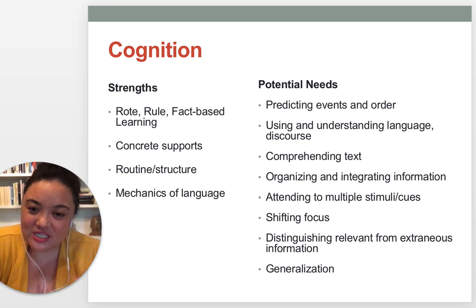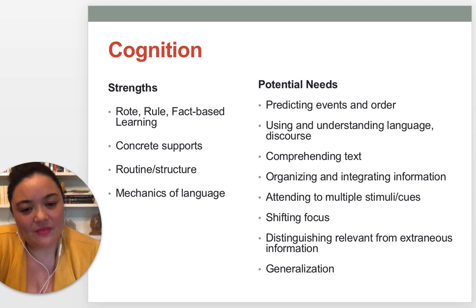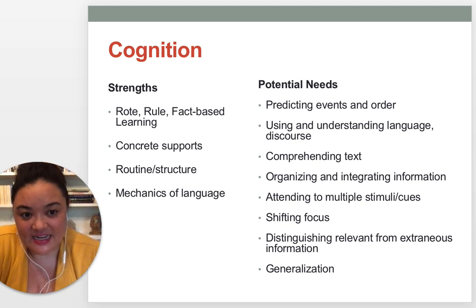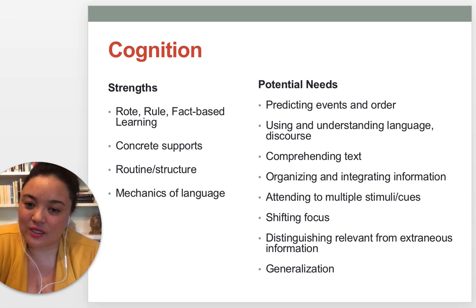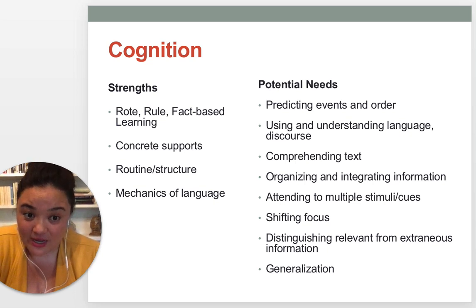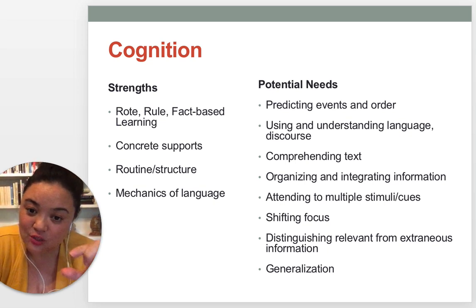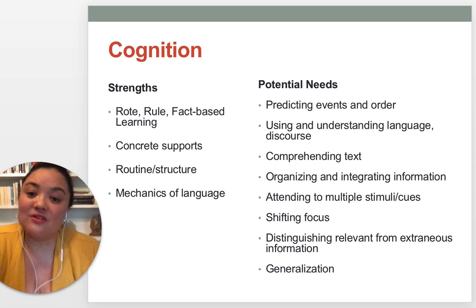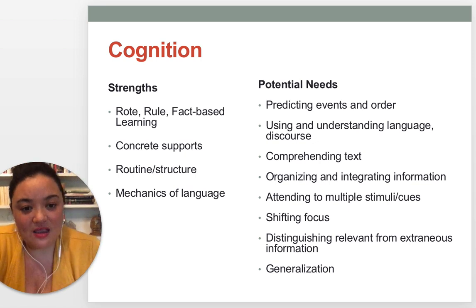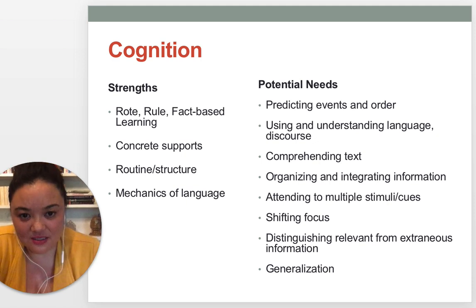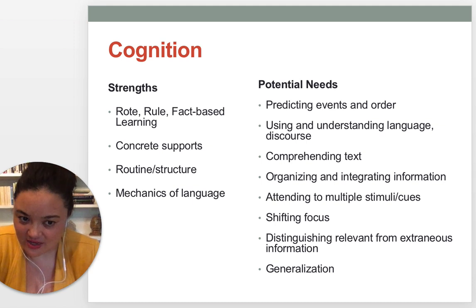So understanding language at a deeper level. They may have difficulty organizing and integrating information. Oftentimes when you're reading a book, skilled comprehenders and skilled readers will connect what they're reading to something else that they know. So being able to integrate information from other sources or other experiences tends to be difficult for individuals with autism unless they're given extra support to do that.